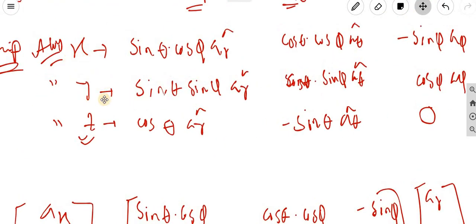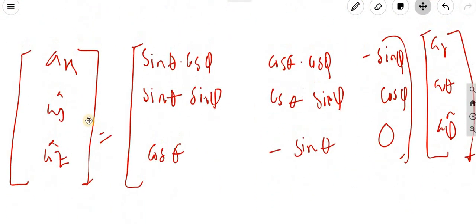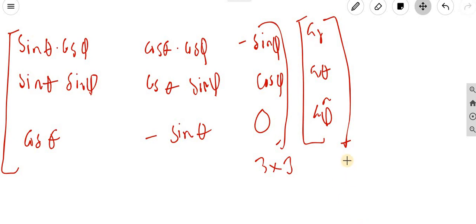This component AX, AY, AZ, if we simply use the mathematical tool, some matrix, the direction AX, AY, and AZ, so direction you can get into this form AR, A theta, and A phi. Clear? So this is the matrix 3 by 1. This is 3 by 3. This is also 3 by 1 matrix.